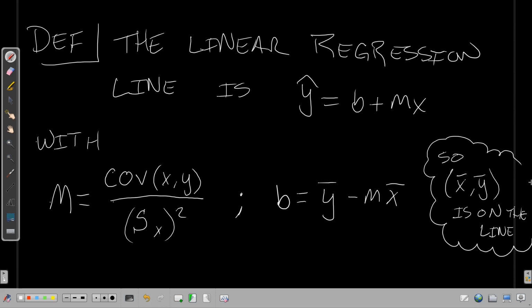And we could go one step further and say that the equation of our line then would be just y hat minus y bar equal to m times x minus x bar.